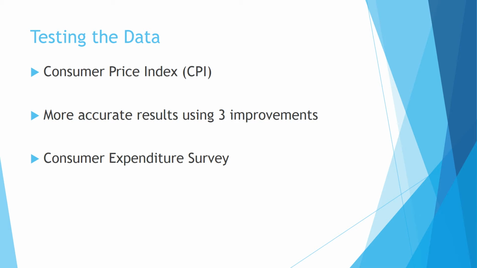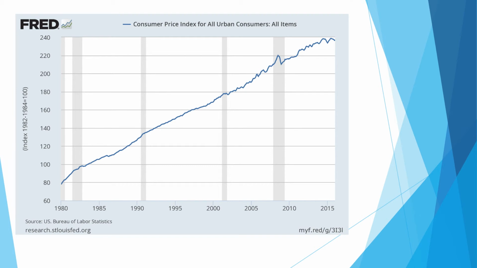The improvements made gave a more accurate account of the spending and show the inflation more in depth on urban consumers. In this graph, the Consumer Price Index for all urban consumers shows that the line is more in depth of the increase and decrease of the CPI after 2000.